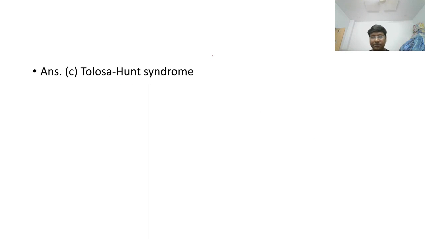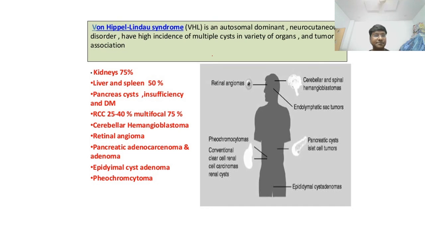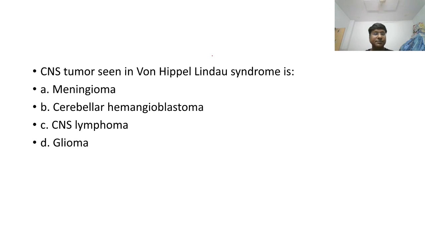Next, I will take up the last question for discussion. If you see this question, the CNS tumor in von Hippel-Lindau syndrome is: meningioma, cerebellar hemangioblastoma, CNS lymphoma, or glioma.